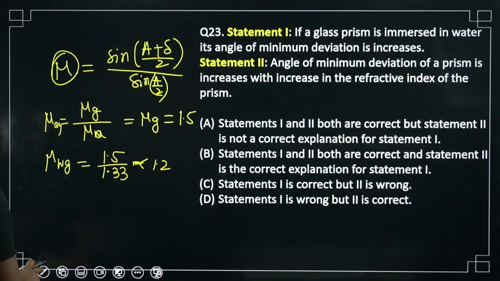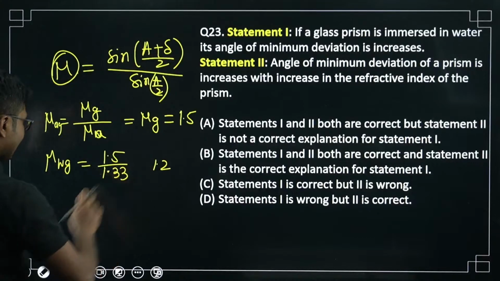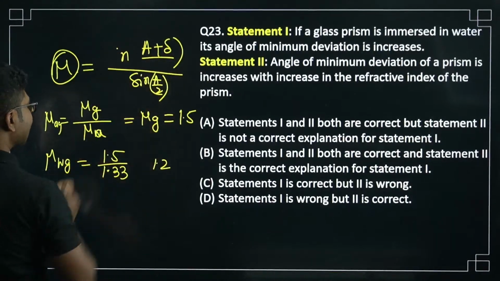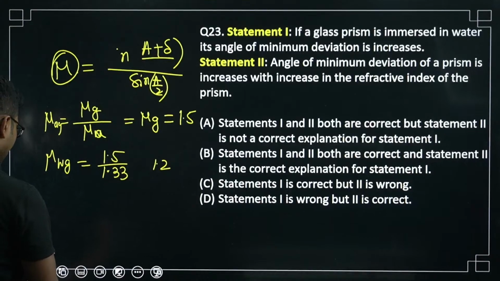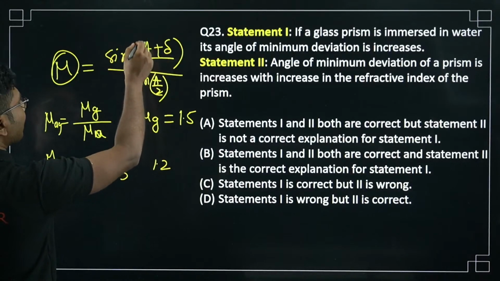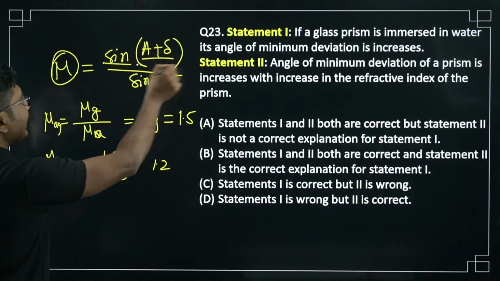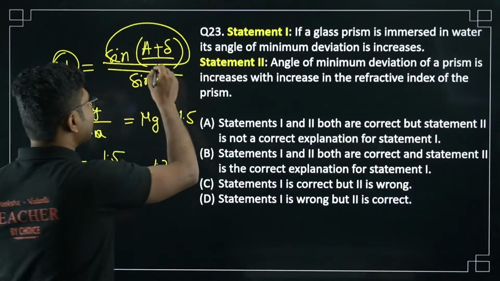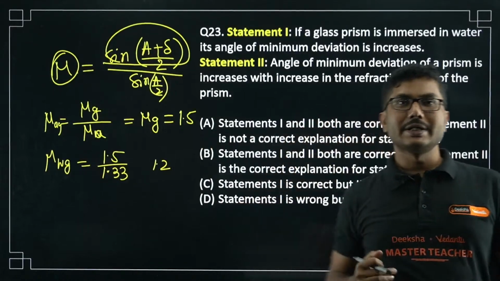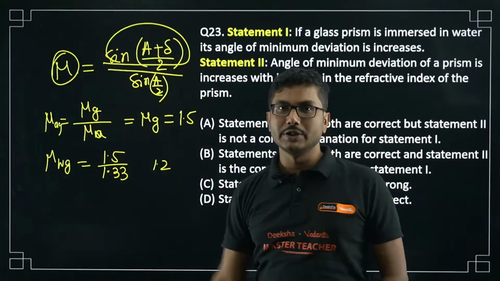So basically what is happening is that the value of mu is decreasing. Sine A by 2 is constant, it is the same for both cases. So sine of (A plus delta) by 2 is decreasing, which means it is going closer to 0.